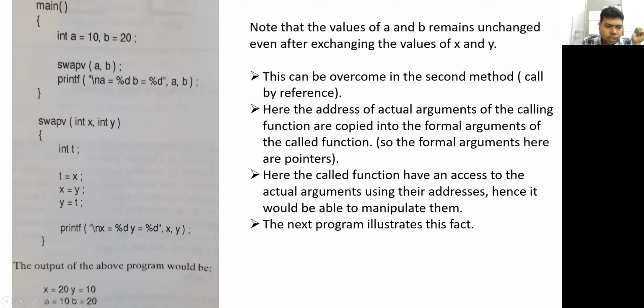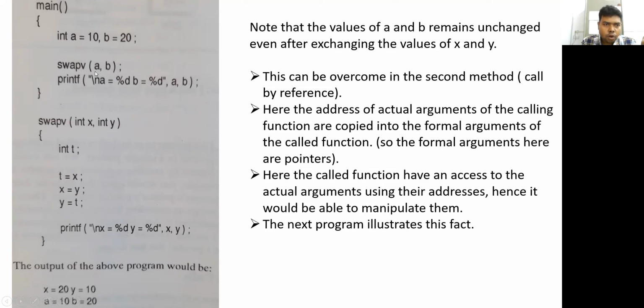Why is there a problem here? Because this particular function cannot return two variables' values to the calling function. The two variables are x and y, and their values together cannot be sent back to the calling function. That is why the values of a and b are not changed.